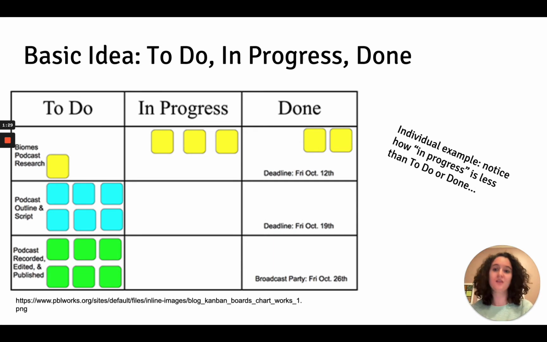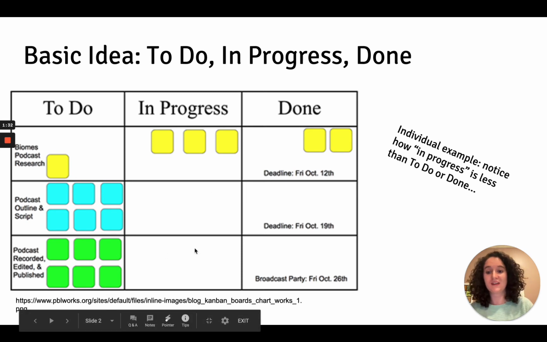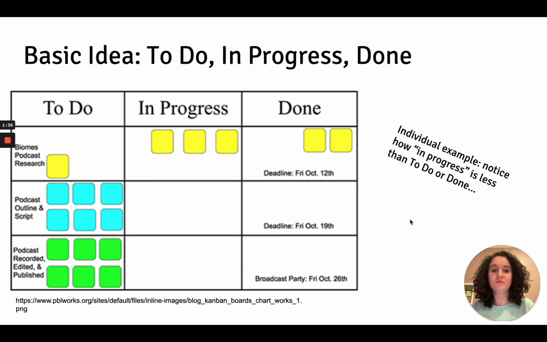Notice how, again, it is less than what is in the to do and the done. And again, notice the deadlines, and notice how it really is broken up by task. And I also like that they color coded it. So this would be a great idea for a large project if your kids are working on a big project for a class, or if you want them to be working on a project like reorganizing their room, or maybe they're redecorating and they need to clean it out.